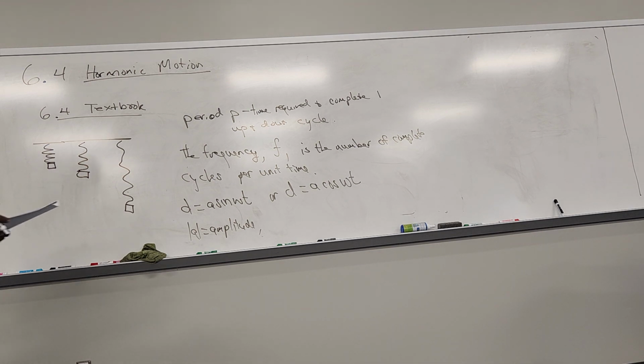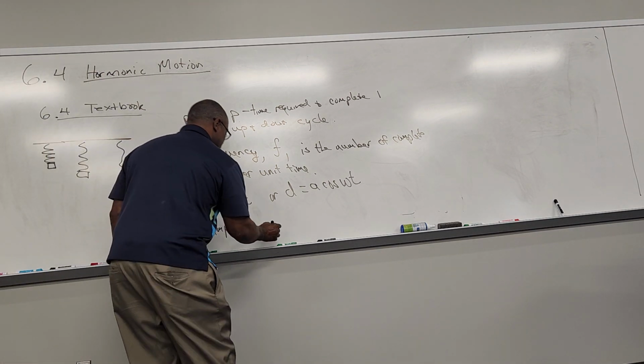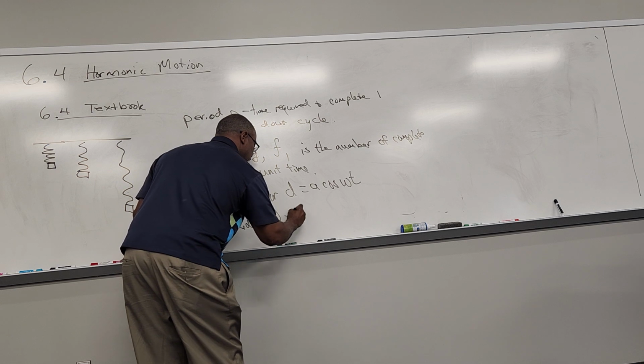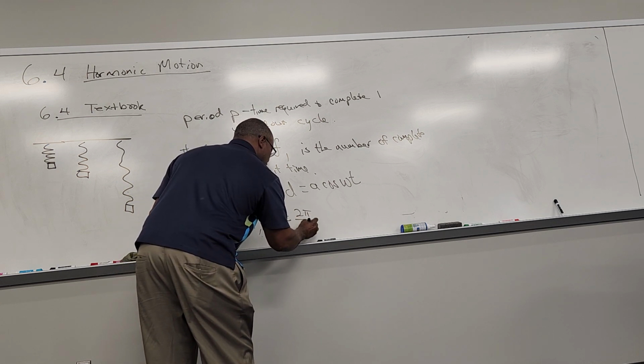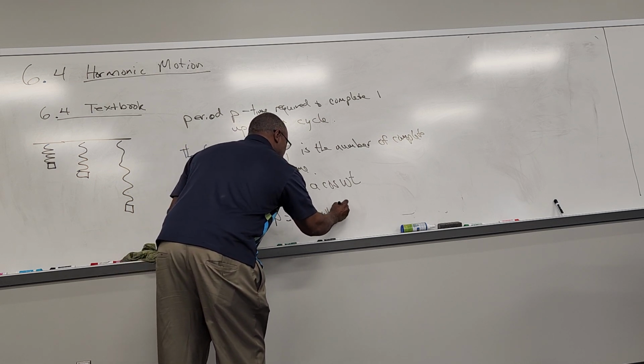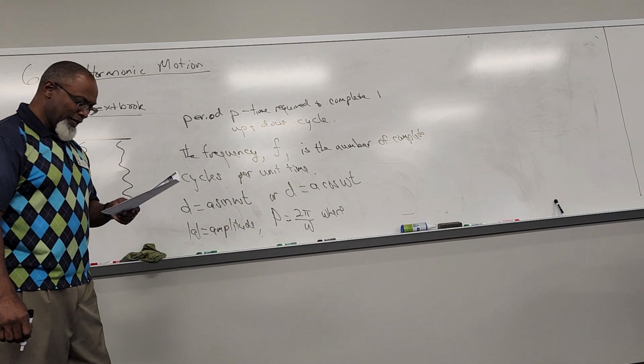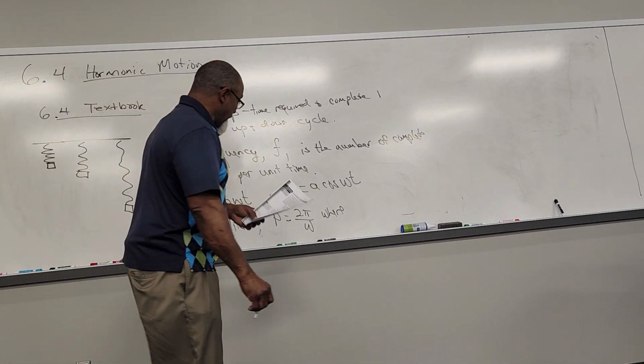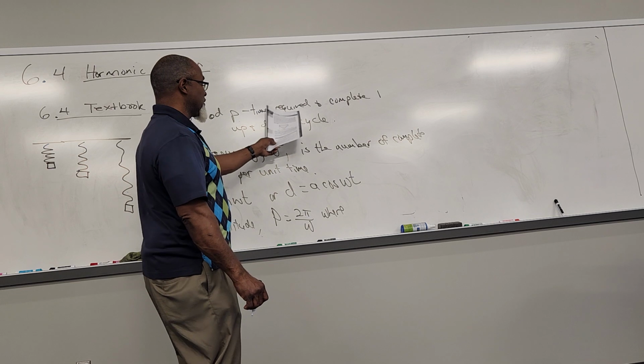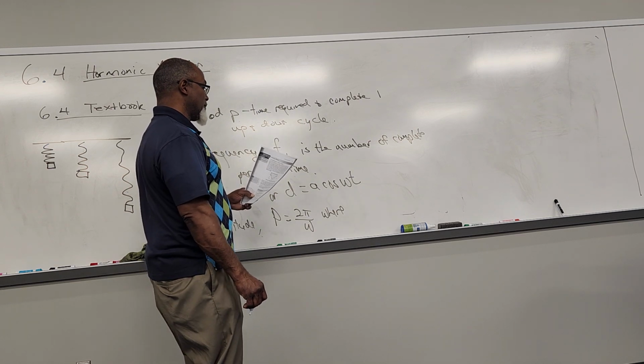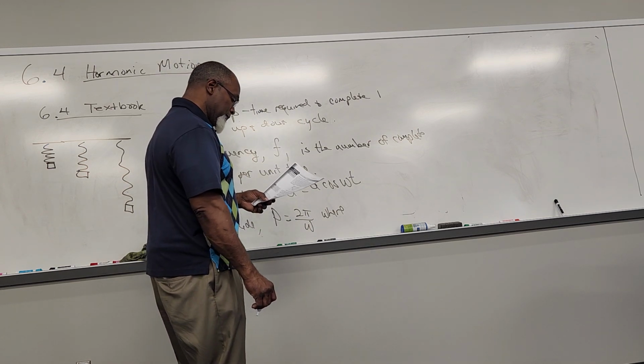And they say that the period P is 2 pi over omega. And again, that's the time to complete one cycle. That's the same period we're talking about, but I can write it as 2 pi over omega.